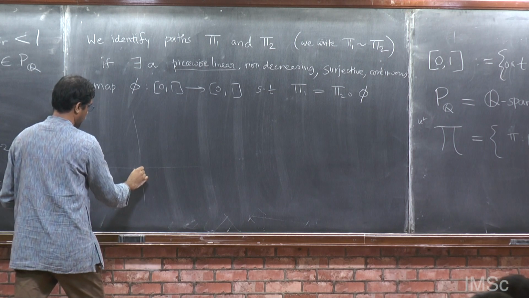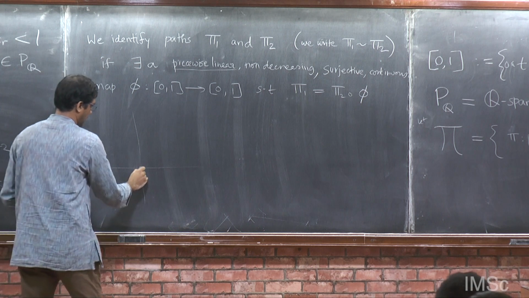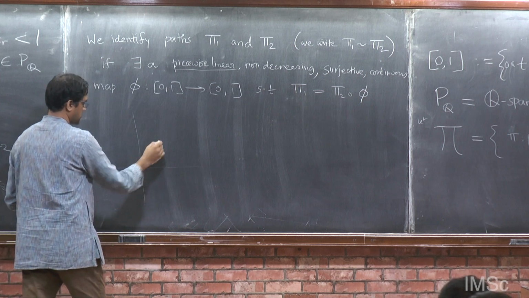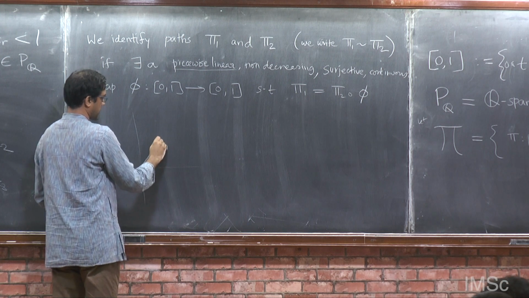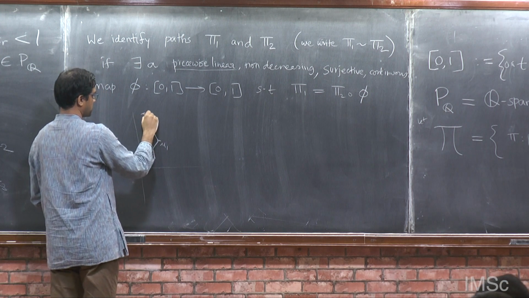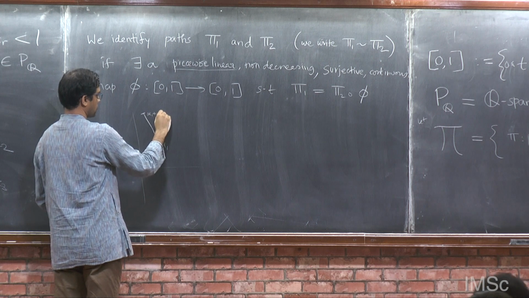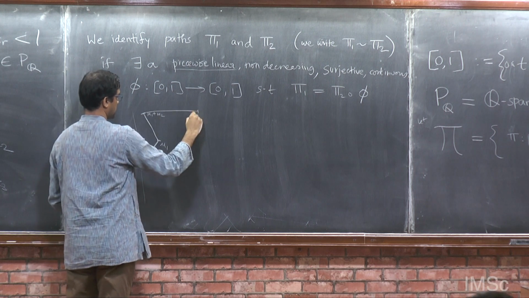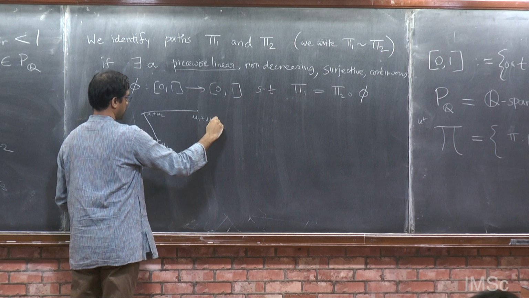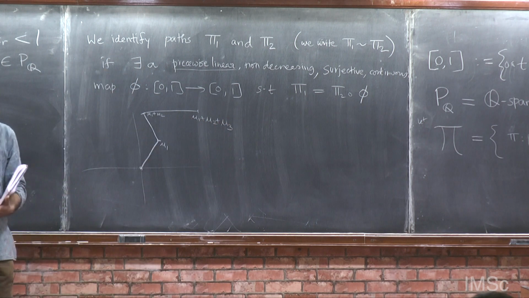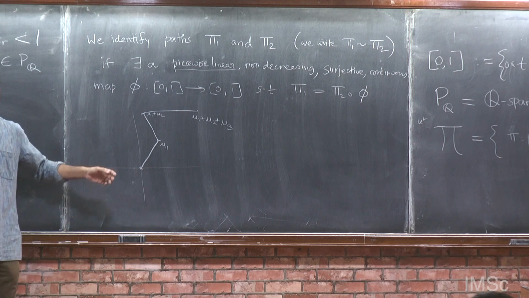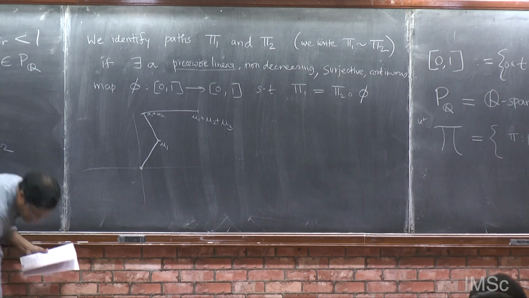If this is my origin and I have a path, the first segment ends at mu1. Say the second segment increment is mu2, so I go to mu1 plus mu2. Suppose it has 3 segments: mu1, mu1 plus mu2, mu1 plus mu2 plus mu3. Then it doesn't matter.